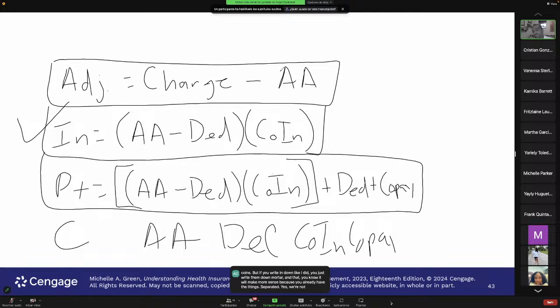Yes or no? Has everyone had a chance to copy it, take a picture, or whatever you guys are doing to memorize this? Anyone needs a little bit more time?